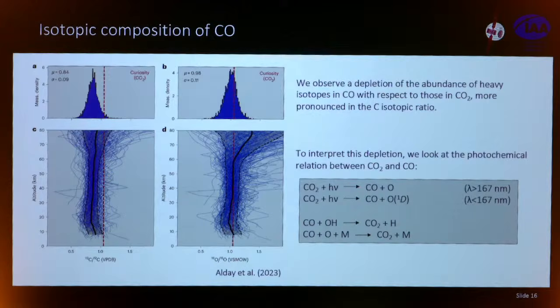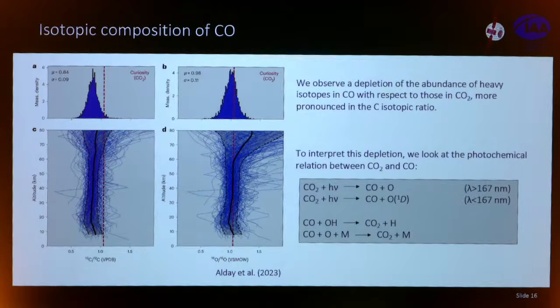And to interpret this, we need to invoke another type of fractionation, which occurs during photodissociation. So when the UV light is separating the CO molecule, something happens. And what happens is that 13CO is more preserved than 12CO from photodissociation.